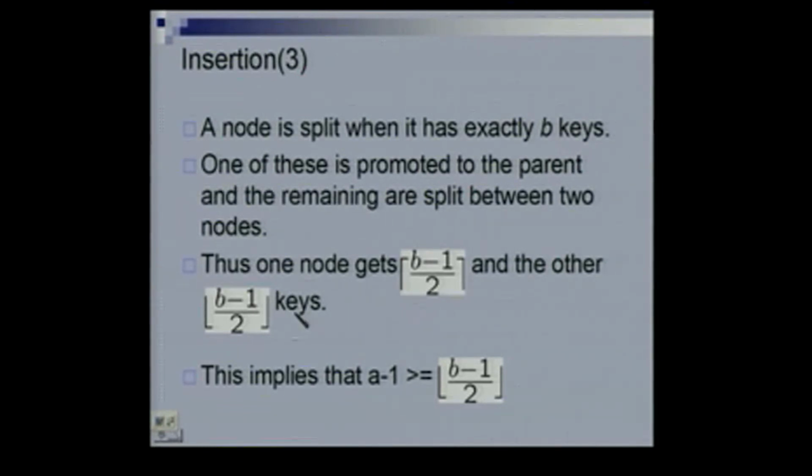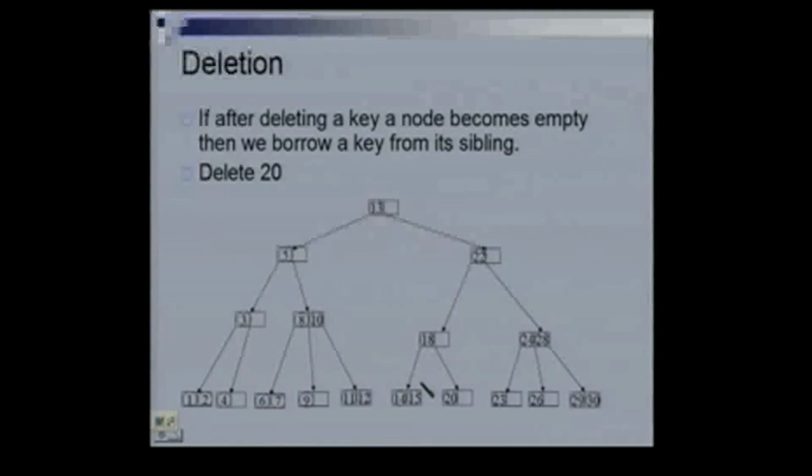But after the split, these two nodes are valid nodes of the tree. So it must be that our requirement on the minimum holds, since one node is getting only so many keys. Right, this should be a less than, sorry.